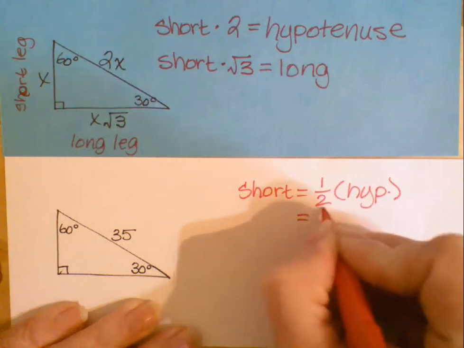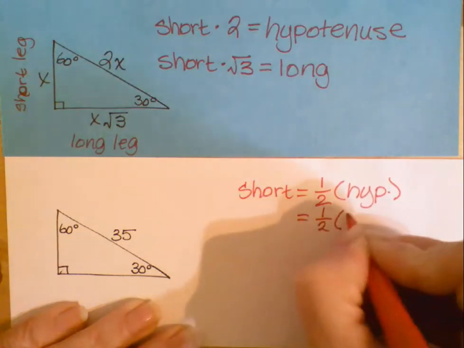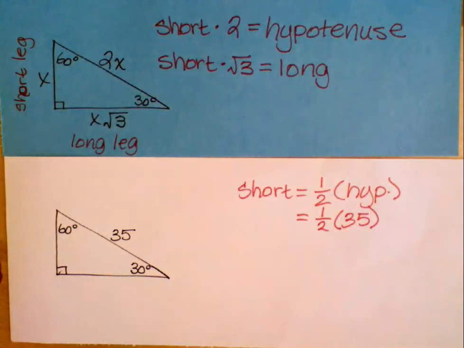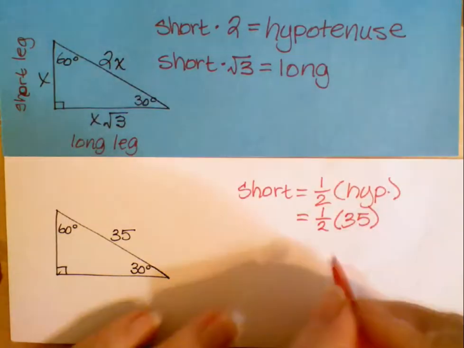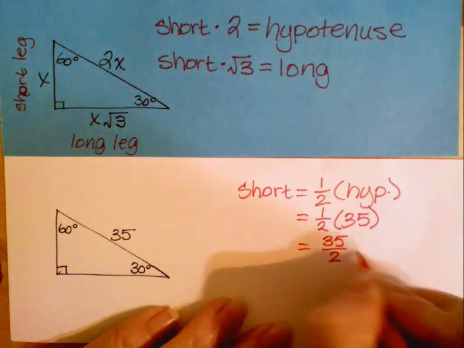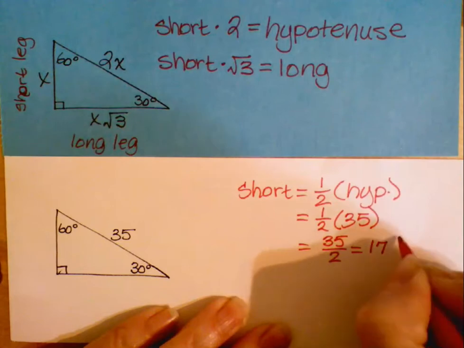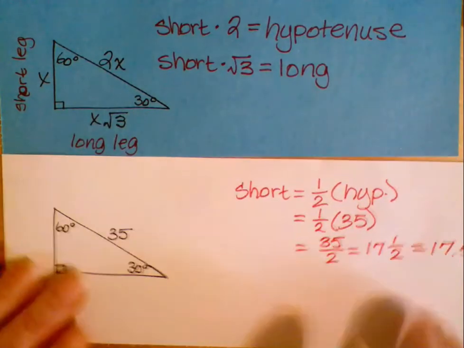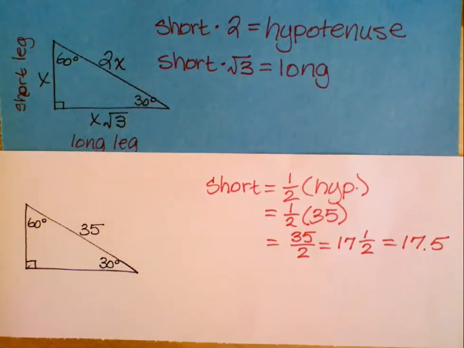Now in this case, the length of that hypotenuse is 35. And there are a number of ways that you can write that half of 35. We could write it as 35 over 2. We could write it as 17.5. Any of those forms is equivalent, and therefore any of them can be used in this situation.